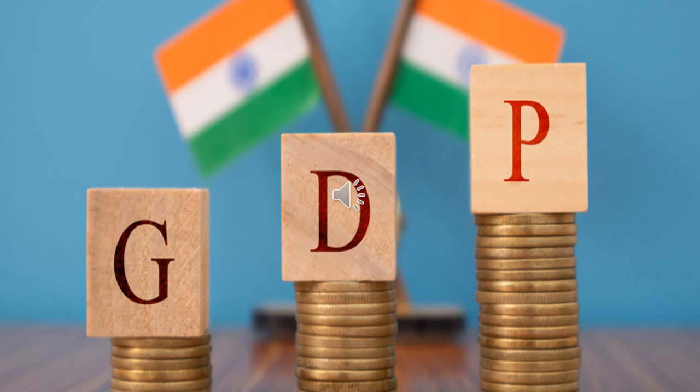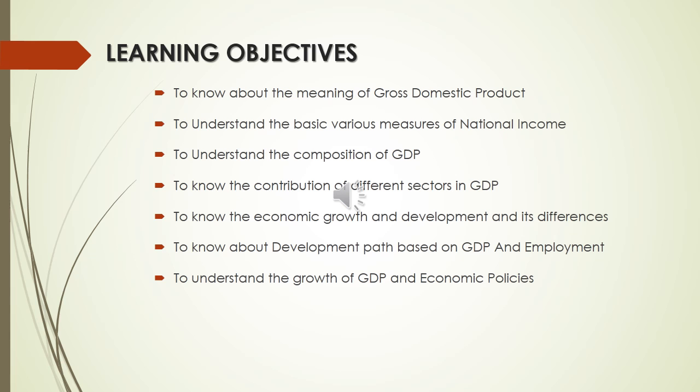So let us start with the lesson. Learning objectives. In this lesson, what are the things you are going to learn? To know about the meaning of gross domestic product, shortly called GDP.